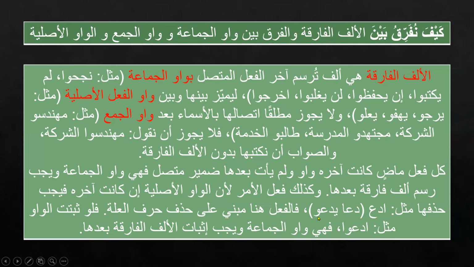You know that yadu, many of you who are students of advanced grammar know, is from the dal, ain, and waw, and this waw is the asliya. So by making the amr you need to drop this waw, and it will be udbu. And see here, there is no alif farika because this is a real letter. This is a wow asliya. This is from the root letters.